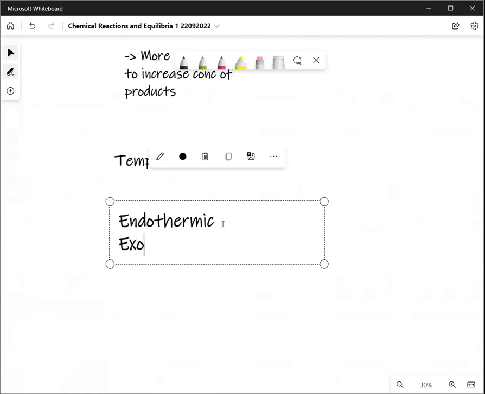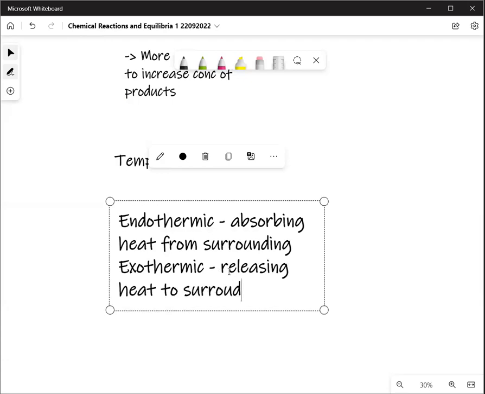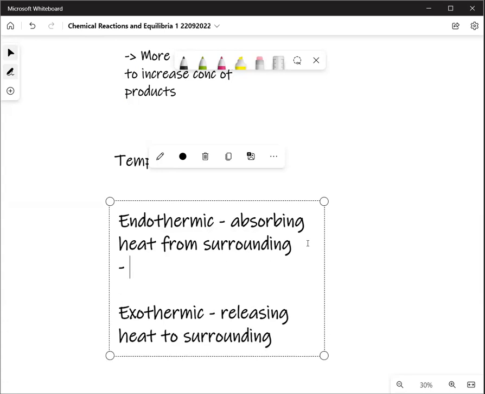So endothermic means absorbing heat from the surroundings, and exothermic means releasing heat to the surroundings. Now you tell me which of these feel hotter or colder. Endothermic feels cold. If you touch an endothermic reaction, it will feel cold. Is that clear?